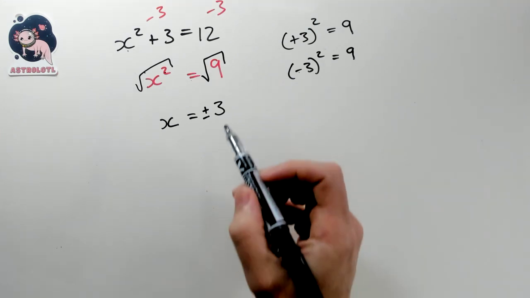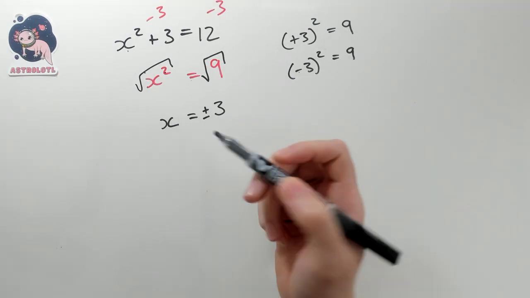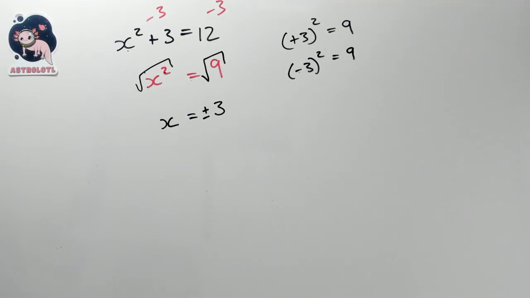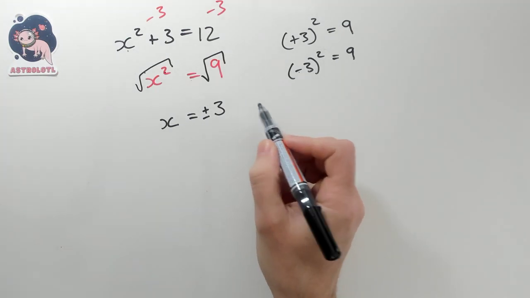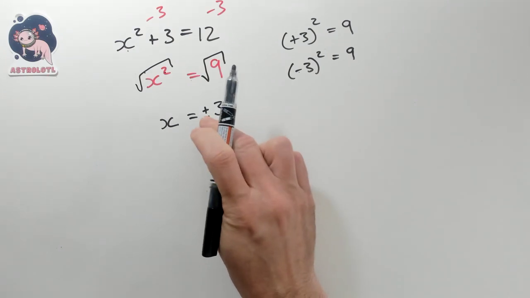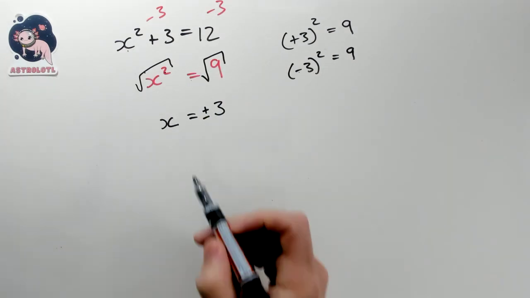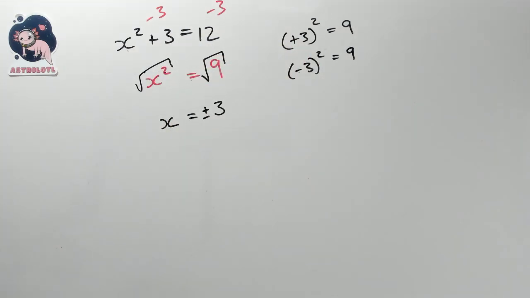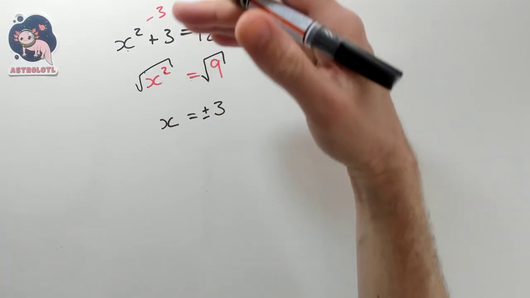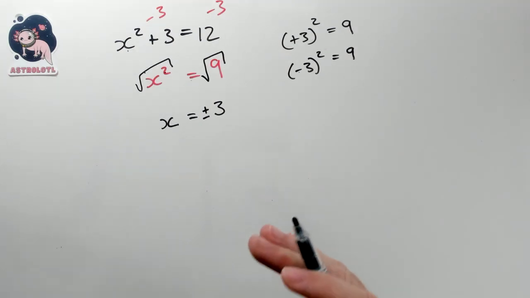If we're working with distances and stuff, we're not really going to care about the minus sign, because we don't measure negative numbers. But when we do graphs and things like that later on, this negative is actually very important for us. So we should know that we always have two answers in this case. But the point is, I didn't just guess. I took it apart step by step by step.